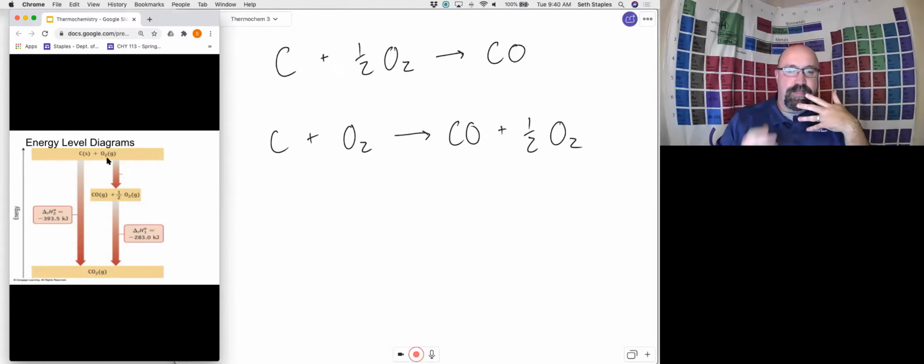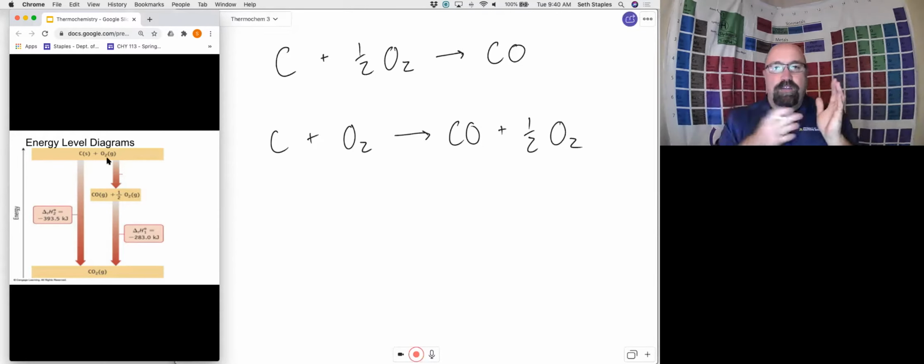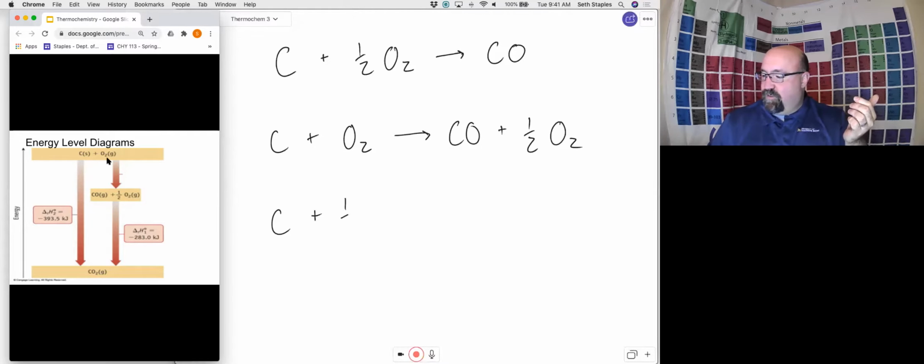If we think about the net reaction, the totality of what's going on, we start with 1 O2, and we still have half an O2 at the end. Now remember, this is moles, so we can have half of a mole easily enough. So we start with 1 mole of O2 and end with half a mole of O2. So realistically, we're only using half a mole of O2 here. And so if we're only using half a mole of O2, let's just write the equation that way.